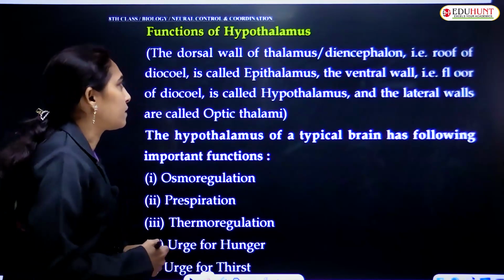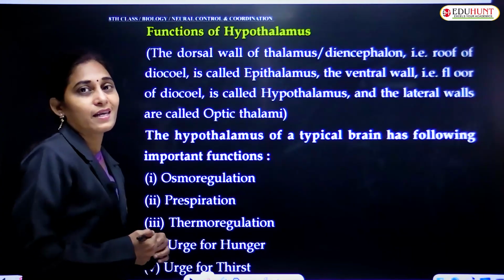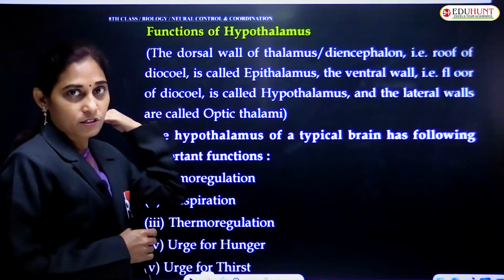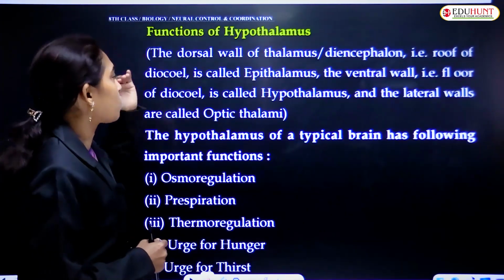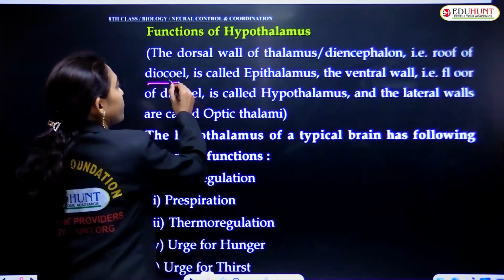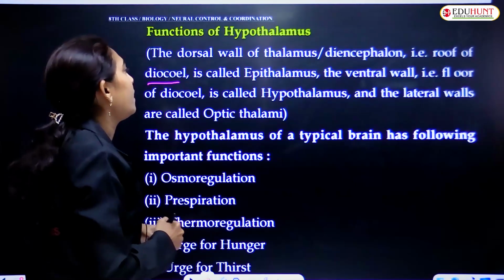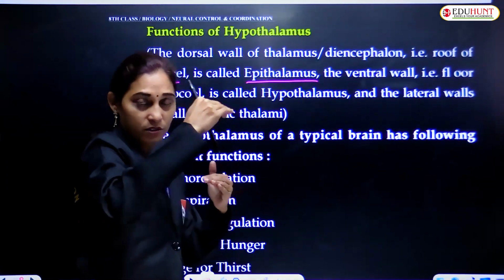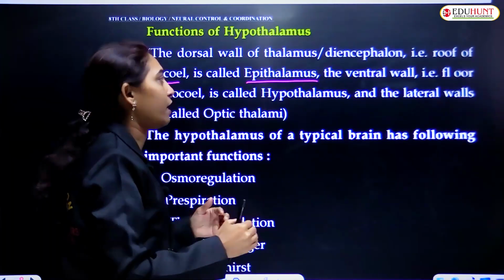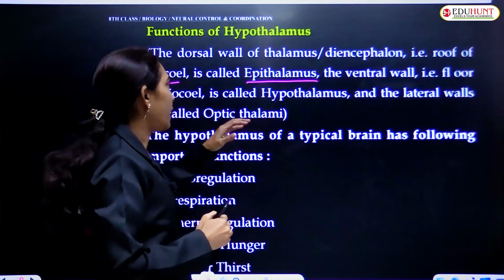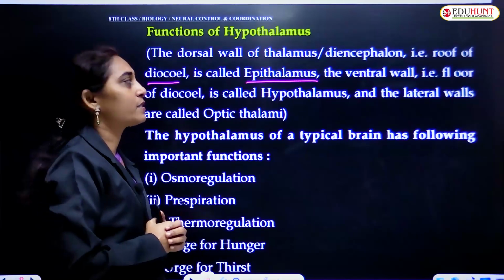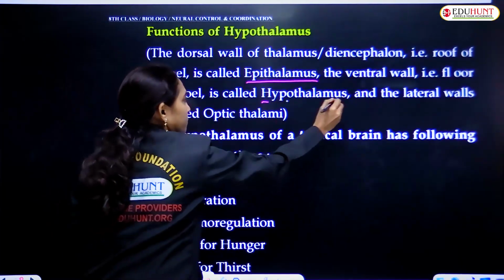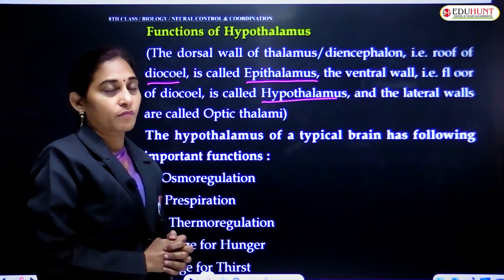The hypothalamus is part of the diencephalon. The dorsal roof of the diocele is called the epithalamus, and the ventral wall is called the hypothalamus.